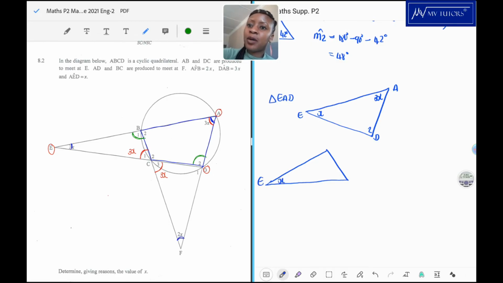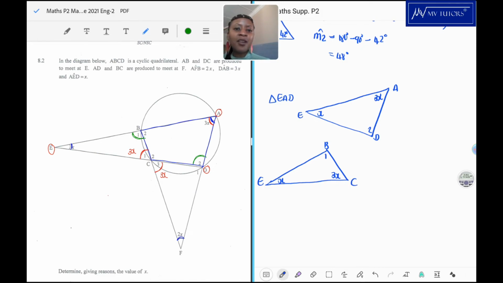I have B1, and B1 is equal to D2. And then I have 3x here, which is C. So I thought I was onto something. What did I see? Now I'm not seeing it anymore. So B1 is equal to D2.